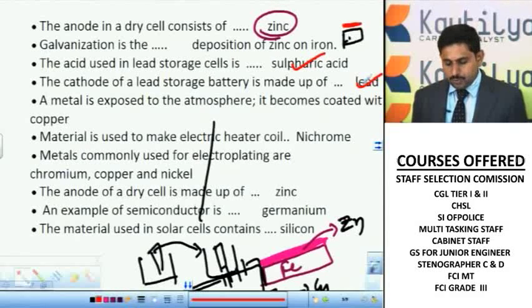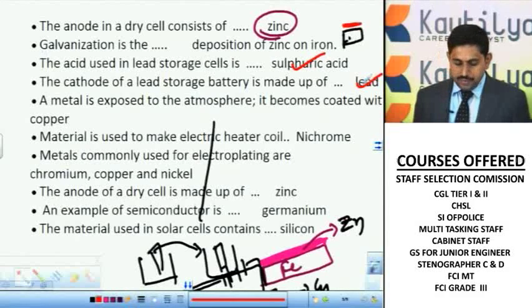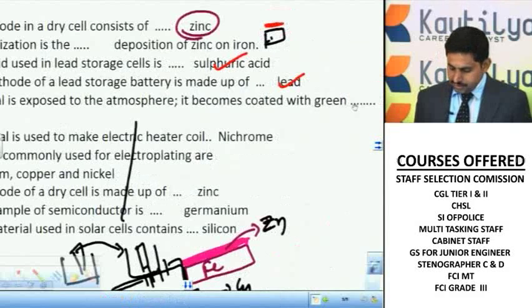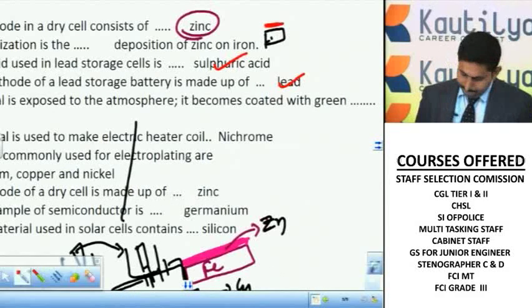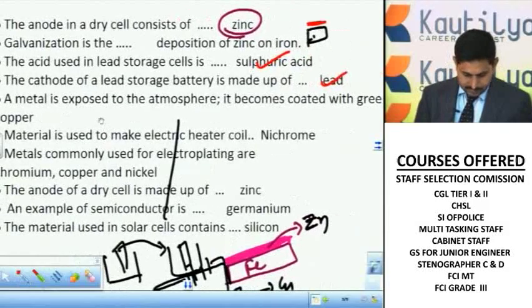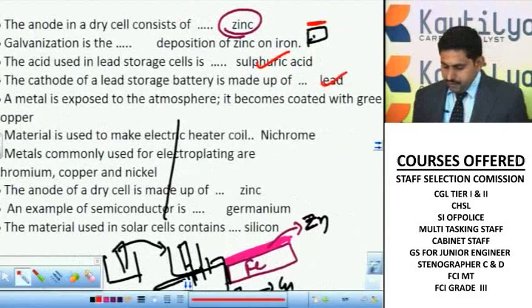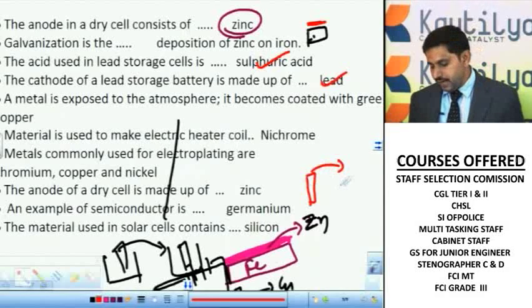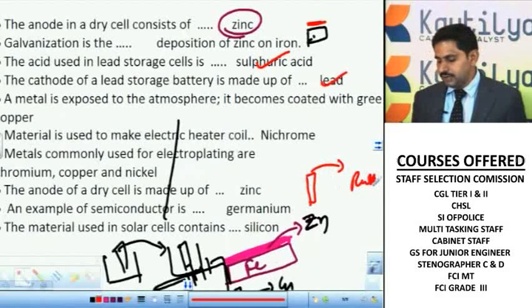Now, the metal exposed to the atmosphere which will become green in color. If an X metal is exposed to the atmosphere and it gets rusted, then blindly we can consider it is iron.